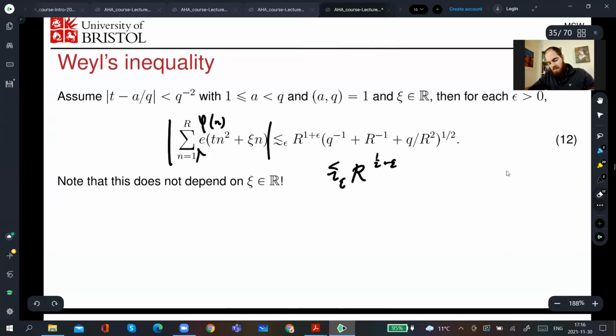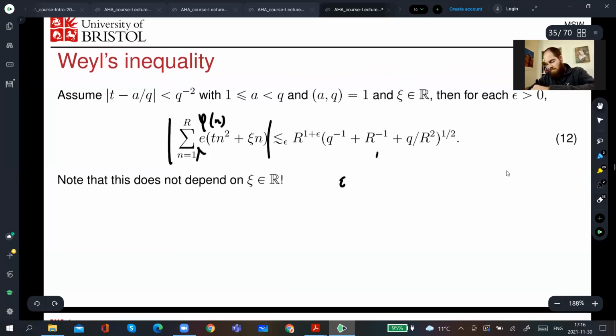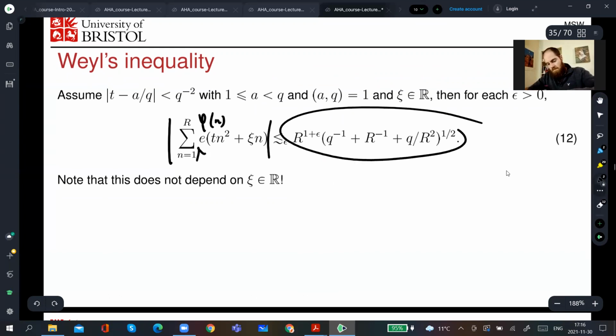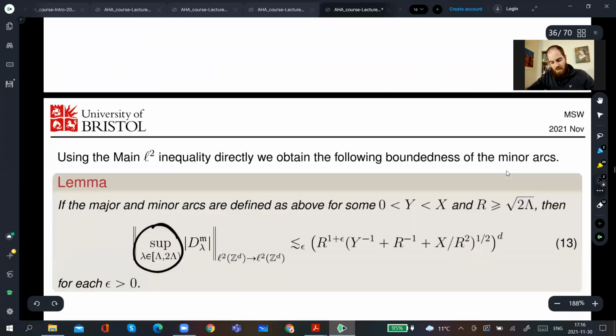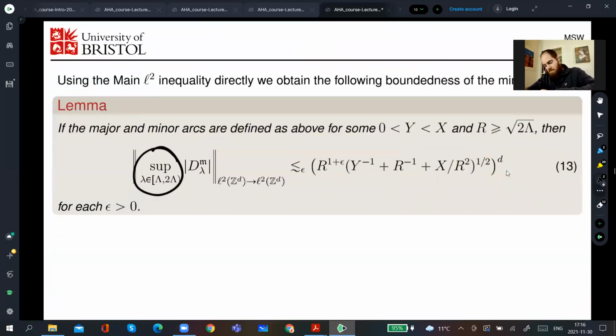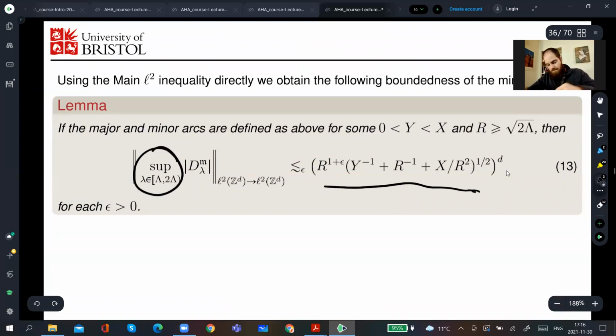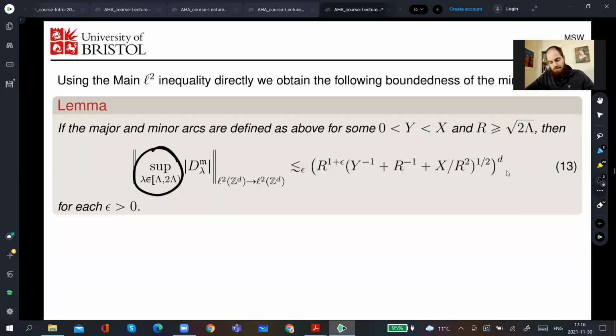So then we just plug in this term right here, d times, because this exponential sum is a tensor product, and we get the claimed bound right here. Remember, if you're on a minor arc, Q is greater than Y. So that's why we get to replace all the Q's here with these factors.